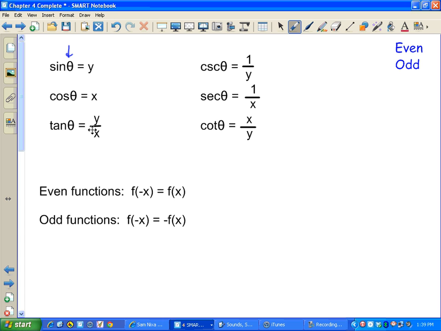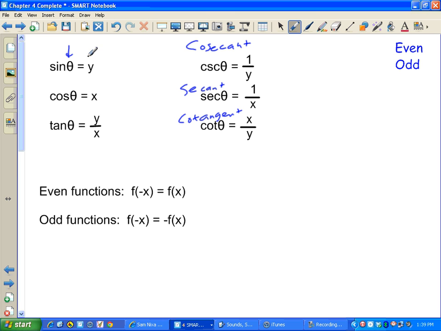Okay, and these are the three basic ones. And these are their inverses. They're multiplicative inverses. It's not the function inverse, but it's their multiplicative inverse, so which basically means reciprocal. So this is cosecant, this is secant, and this is cotangent.